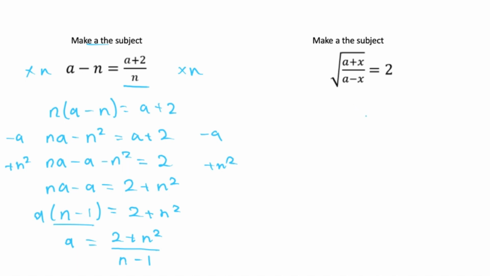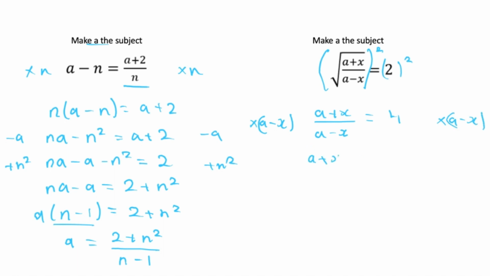Now for this last one, first of all, you square both sides to remove the square root. So a plus x over a minus x, and 2 squared is 4. And now you put the ax on the other side and you expand by multiplying both sides by a minus x.